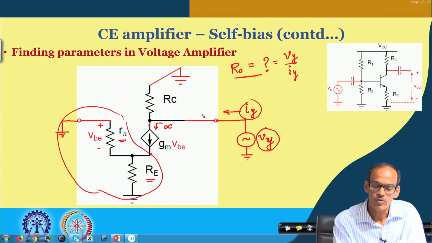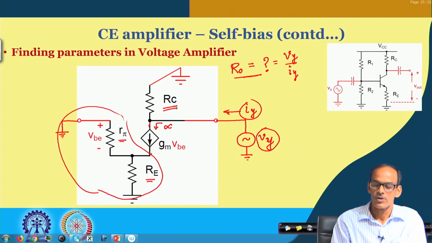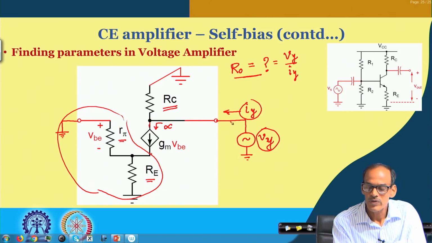So, at the output port what we have is only Rc remaining. If I am applying Vy here, the current flowing through this circuit is mainly Vy divided by Rc, that is the Iy.